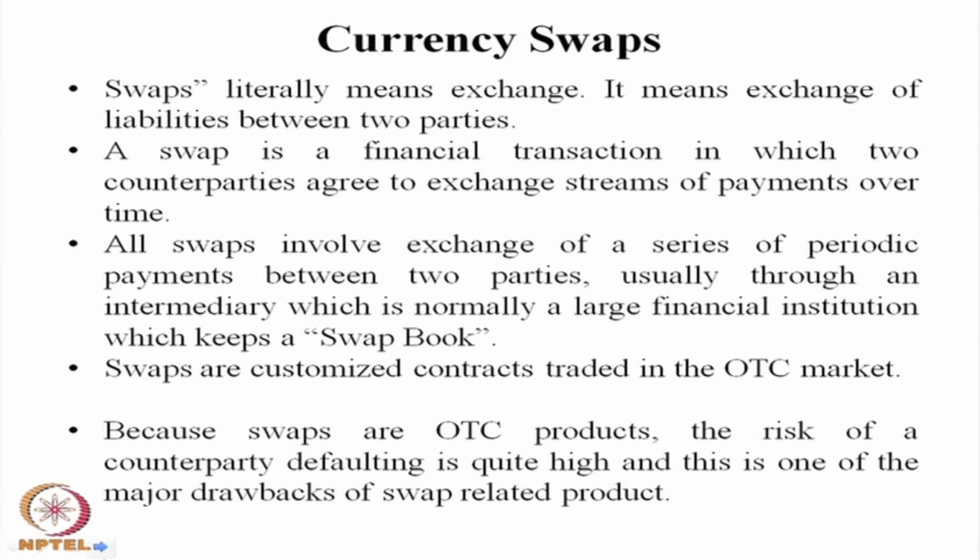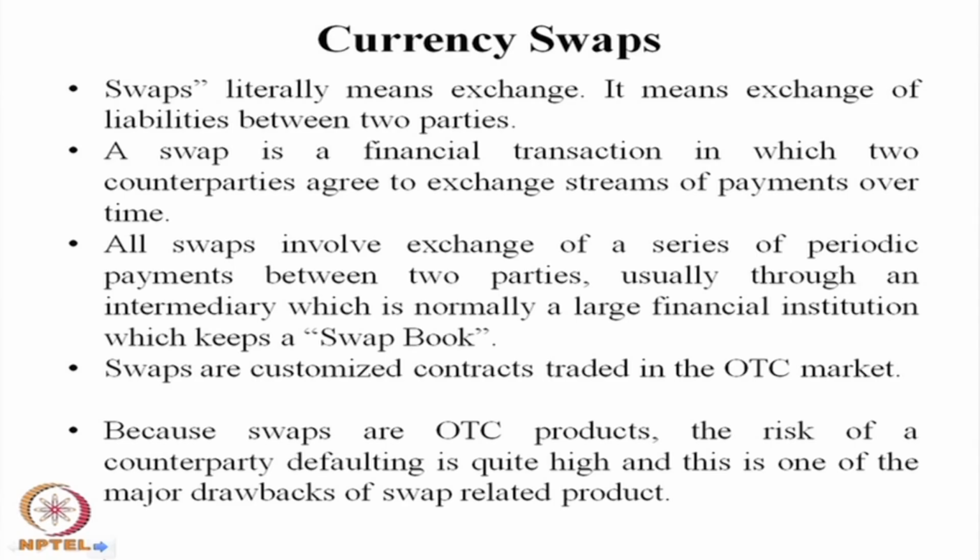All swaps involve exchange of a series of periodic payments between two parties, usually through an intermediary, which is normally a large financial institution, which helps in bringing the two parties together and maintaining the record of swap transactions, what we generally call swap books. Swaps are customized products, and primarily swaps are OTC or over the counter products.